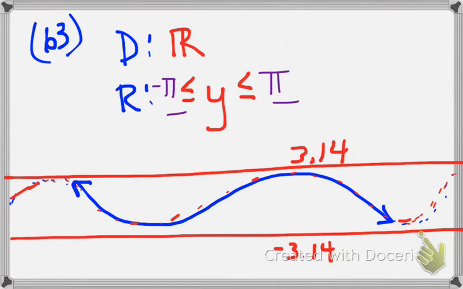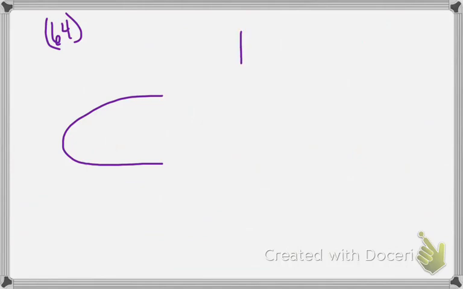All right, for number 64, this graph looks like a sideways parabola, which we have done. So when we do our domain and our range, when I look at this graph to see what the domain's going to be, it's only going to the right.